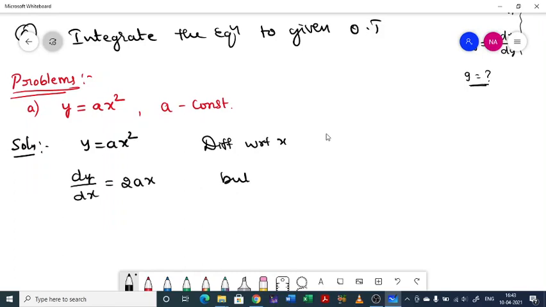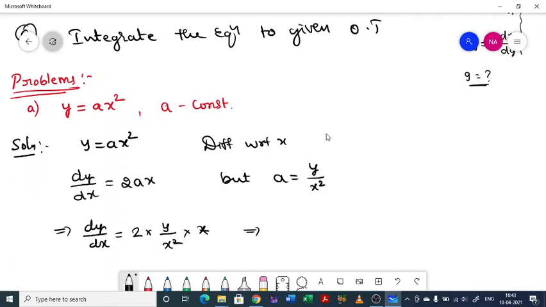But from the given equation, you have a equal to y by x square. You have to get dy by dx in terms of x and y only, so try to eliminate the constant. Using that, you have dy by dx equal to 2 into y by x square into x.